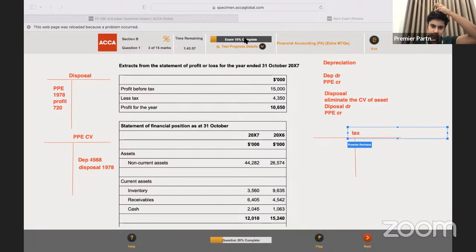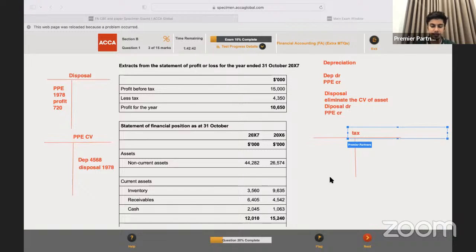Right. Now, guys, see, it says less tax. That means there is an expense. If tax is an expense, in the profit and loss account it becomes a debit. Are you clear with that part? Once again, if something is an expense, we say that it's debited to the profit and loss account.